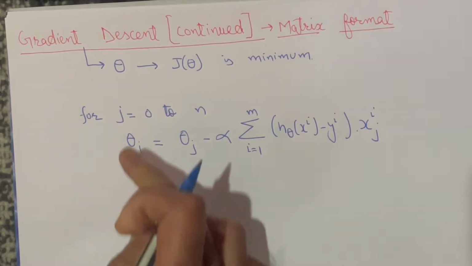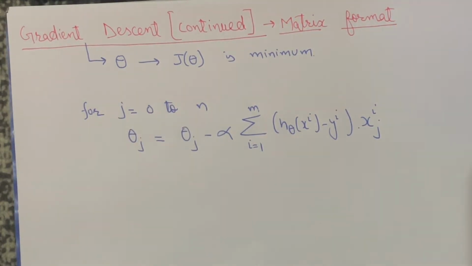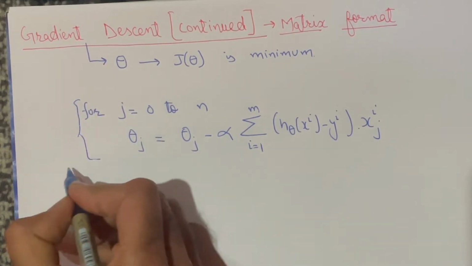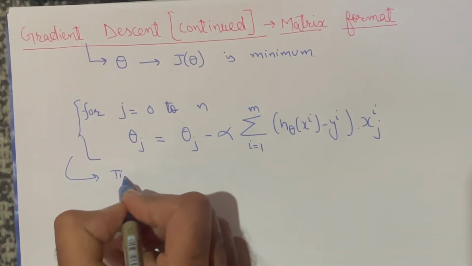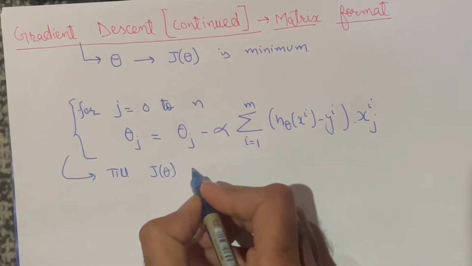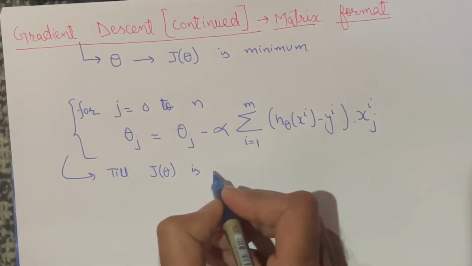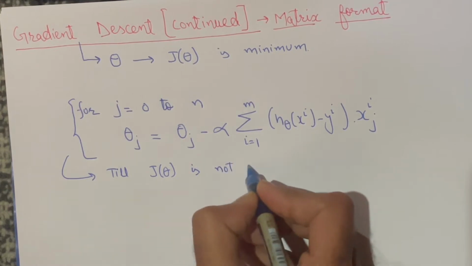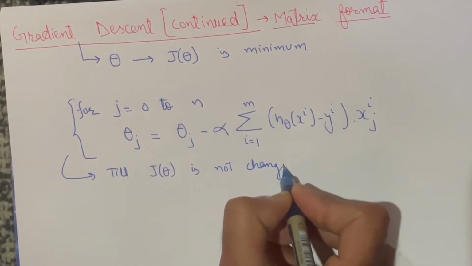So this is how we will update theta j, and we have to do this till J theta is not changing significantly.